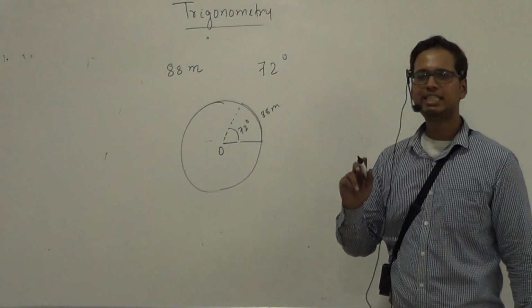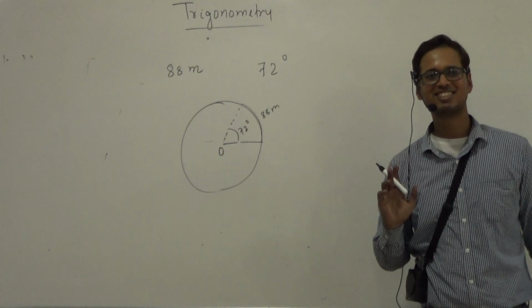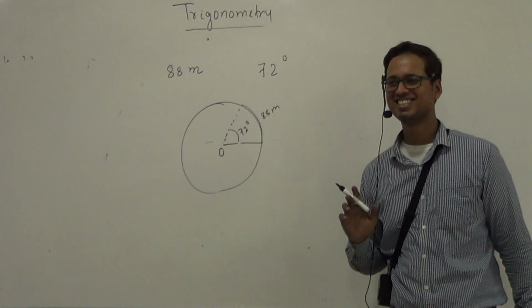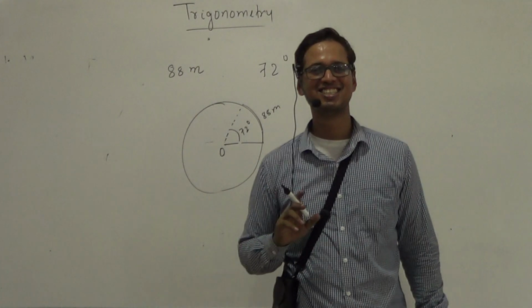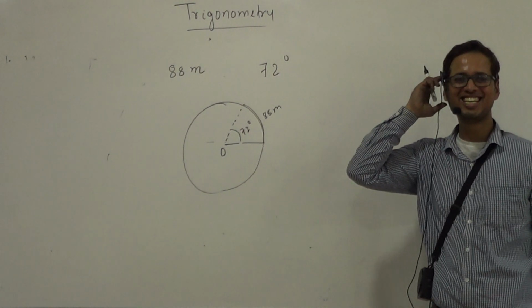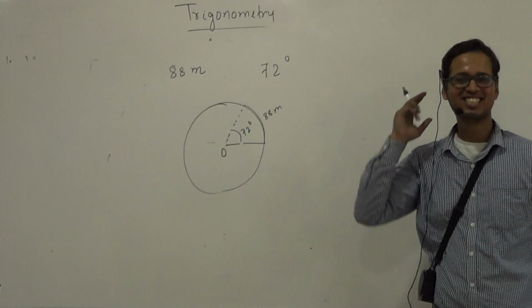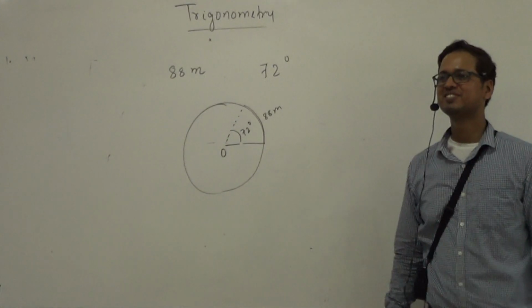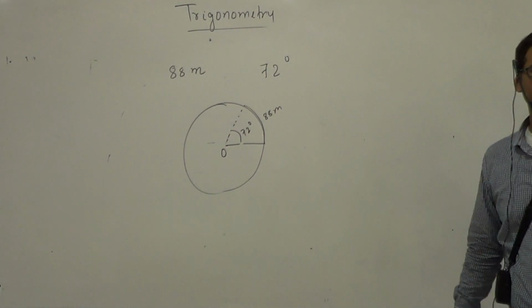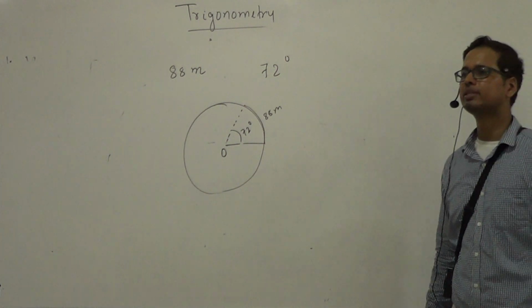Take pi as 22 by 7. So is it 70 meters? Sir, 220 by 5.